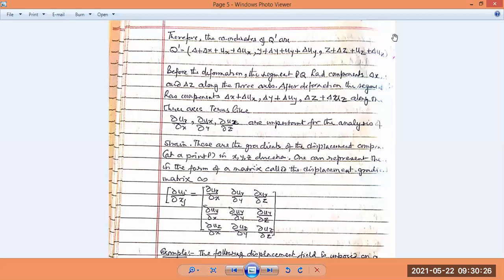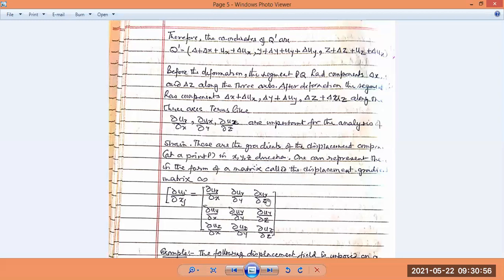So these are the gradients of the displacement components at P in the x, y, z directions. One can represent them in the form of a matrix called the displacement gradient matrix. Thus, we put all these coefficients of delta x, delta y, delta z along these three directions in the matrix right here.